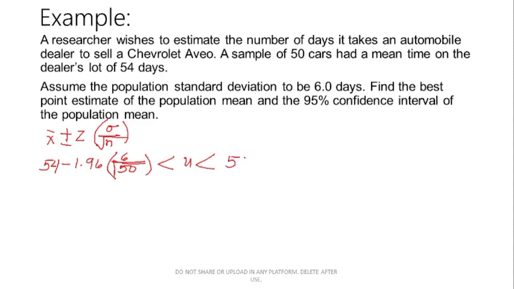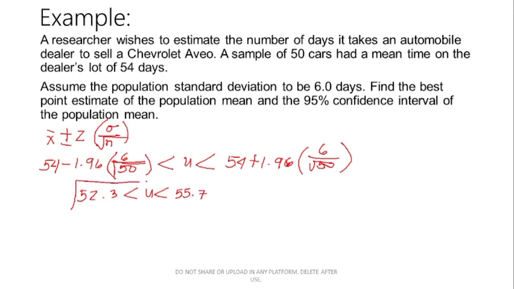And our other value would be 54 plus 1.96 times 6 all over the square root of 50. Calculating, we should get 52.3 to 55.7.